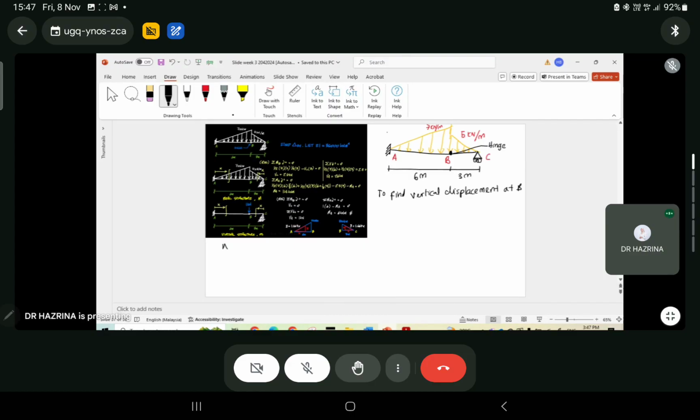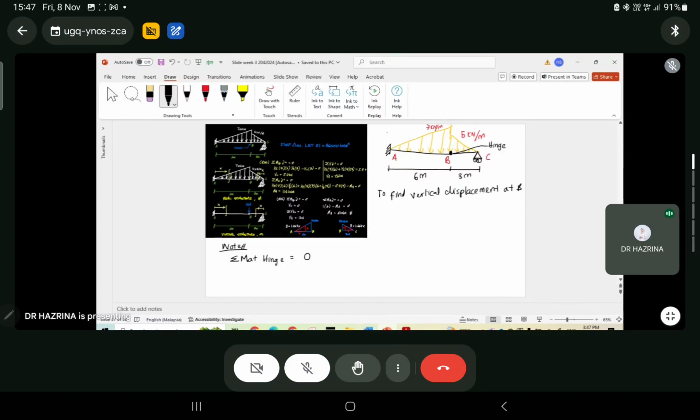So hinge, take note everyone, when you have a hinge, it means that the summation of moment at the hinge is equal to 0. So the sum of moments at the hinge is zero. And the reaction forces at the hinge also will be 0.